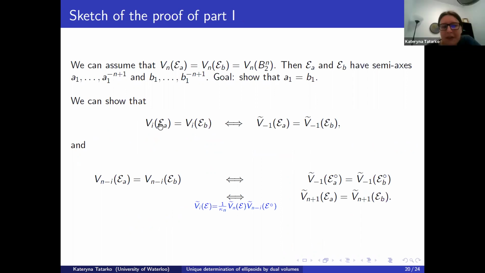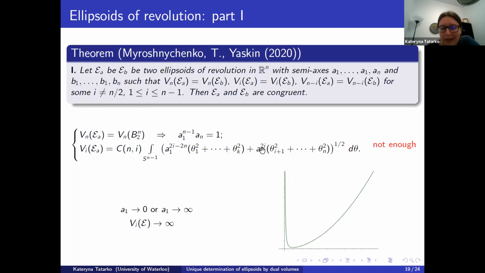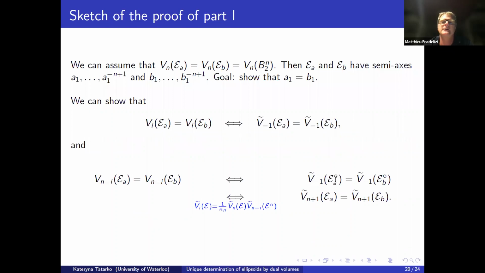So it doesn't depend on i. And then the second one follows because I just switch i with n minus i, so they just switch places, and I get just the reciprocals of A1, which gives me the minus first dual volumes of the polars of ellipsoids instead of just ellipsoids. Yes, okay, thank you.